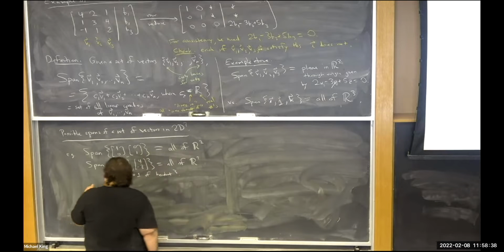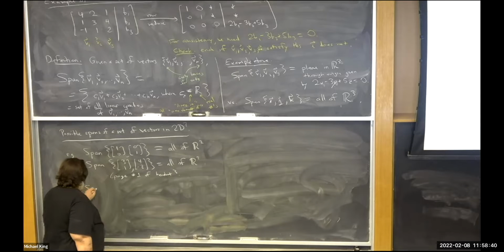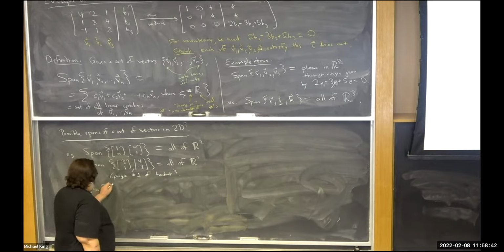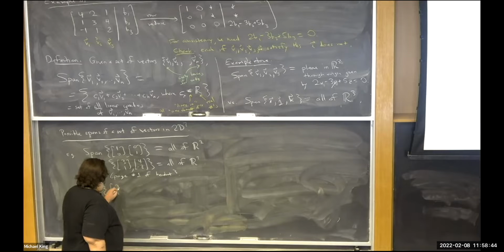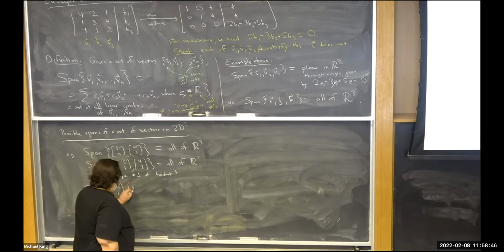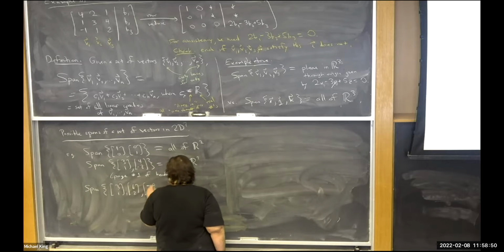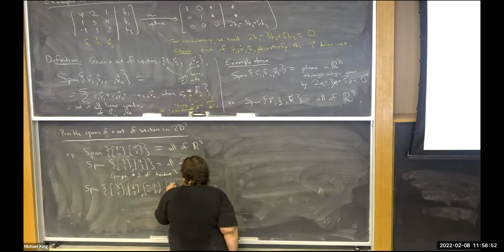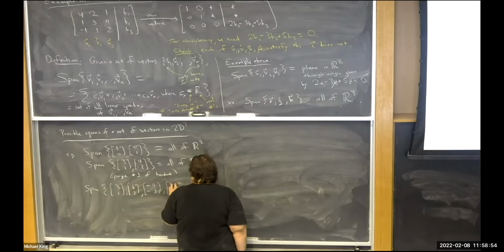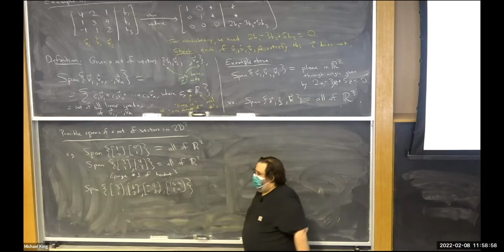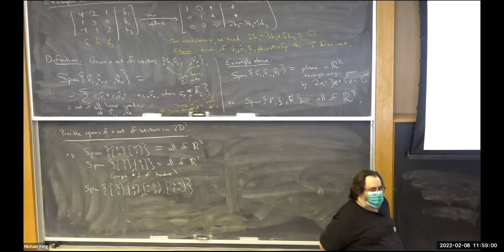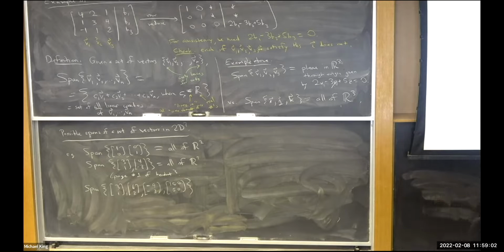What else could we have? How about something like this? What's the span of that? I take all linear combinations of those vectors.